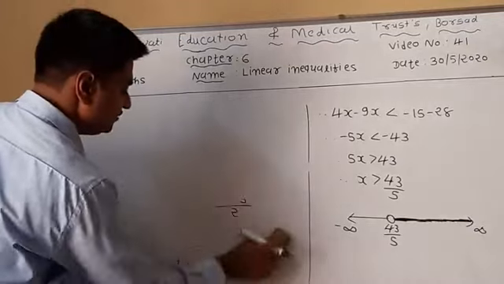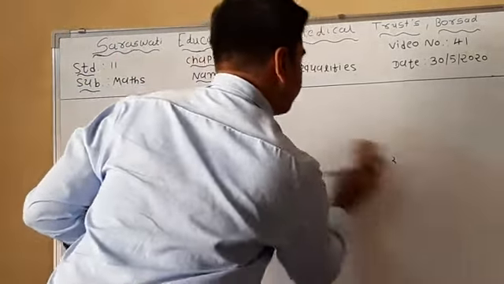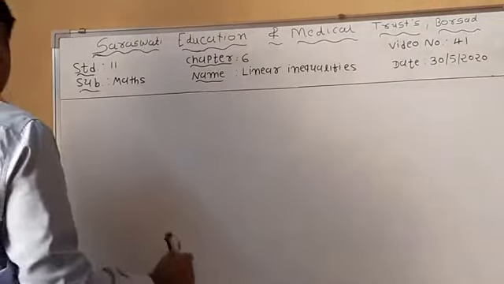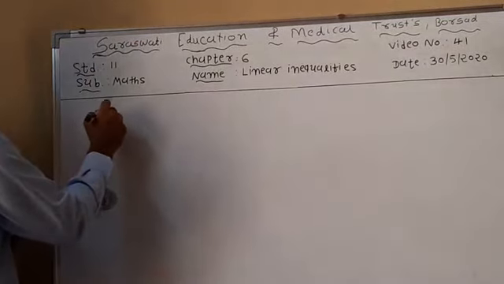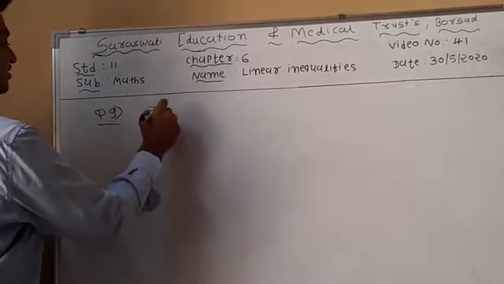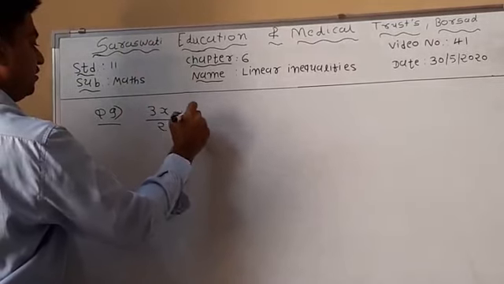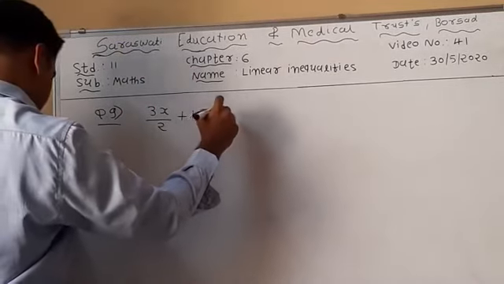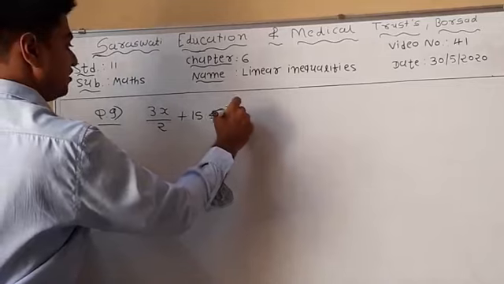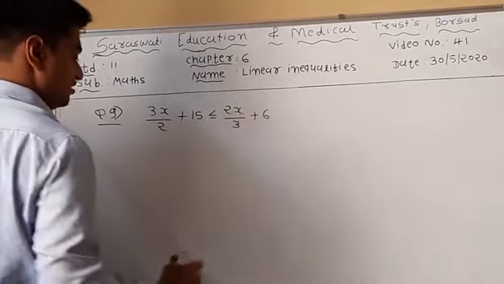Question number 9. Solve 3x upon 2 plus 15 is less than or equal to 2x upon 3 plus 6.